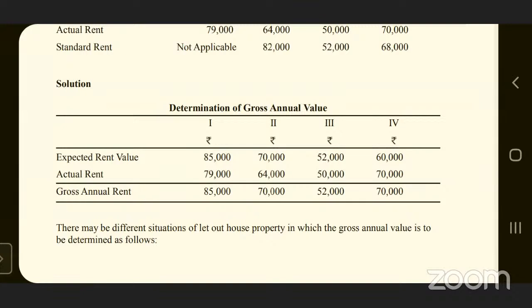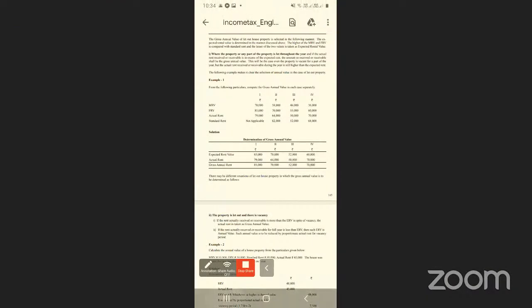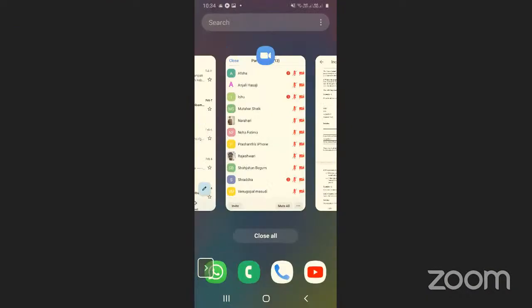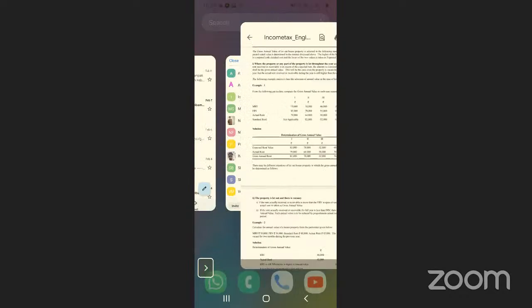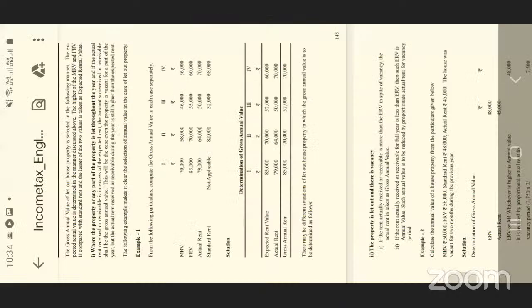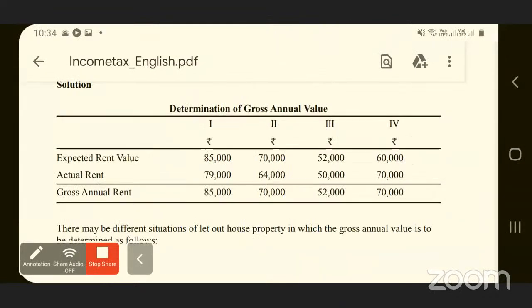Even if we try to escape the tax liability, it is not possible. Whatever the higher amount is, they consider that as gross annual rent. So this is the first step in the computation of income from house property, that is gross annual value.